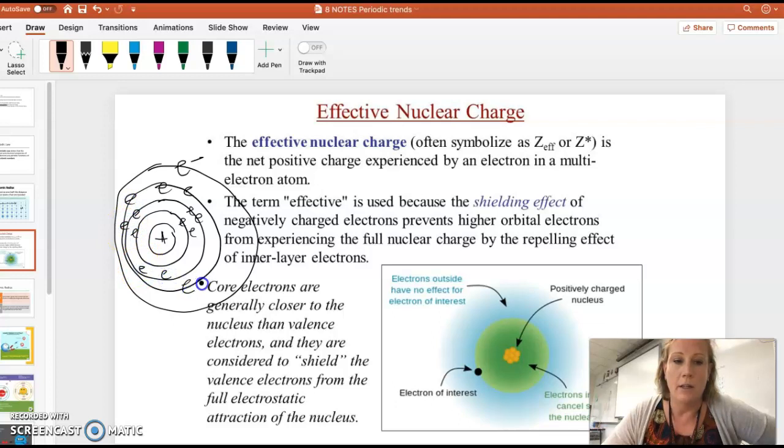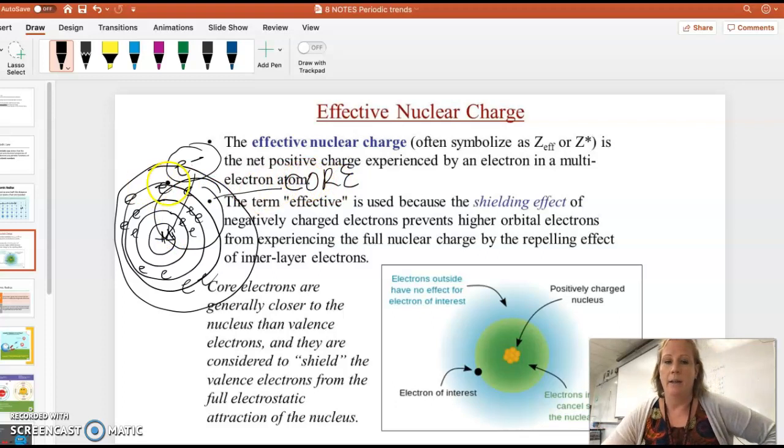It's shielding this electron from feeling the pull of the nucleus. So we talk about effective nuclear charge: this electron doesn't feel the nuclear charge as strongly. You can actually calculate this, though we won't. All of these core electrons are getting in the way of this outer electron feeling the positive pull of the nucleus.